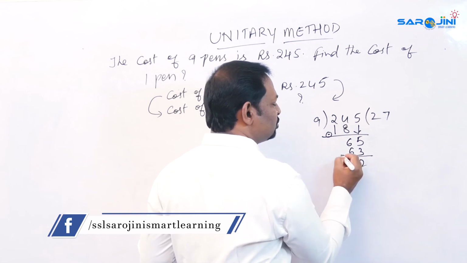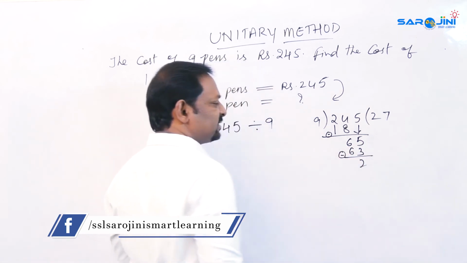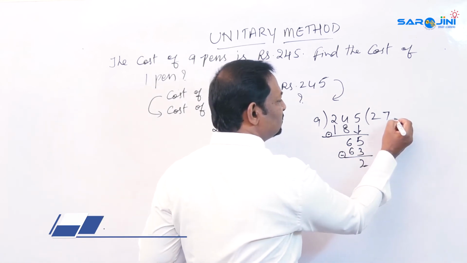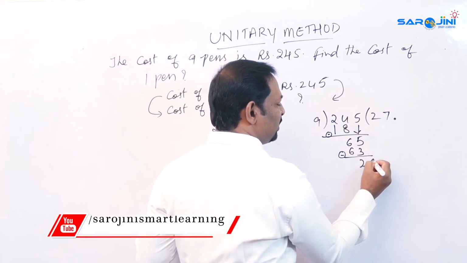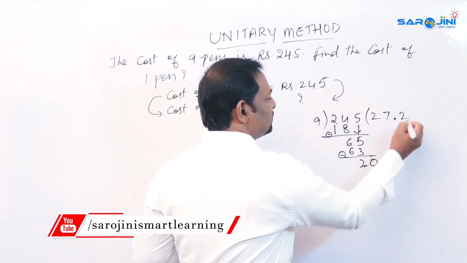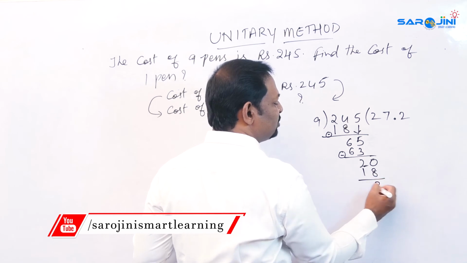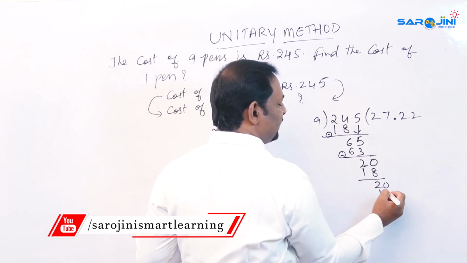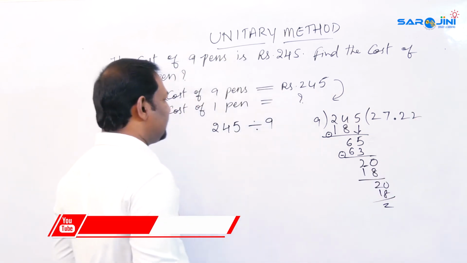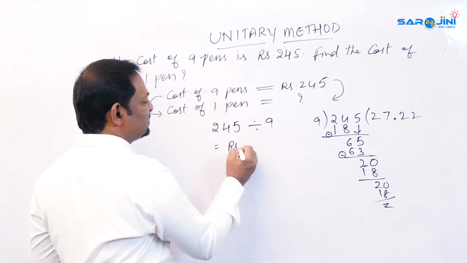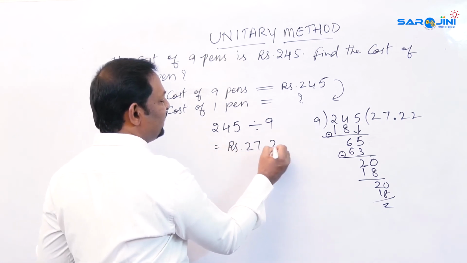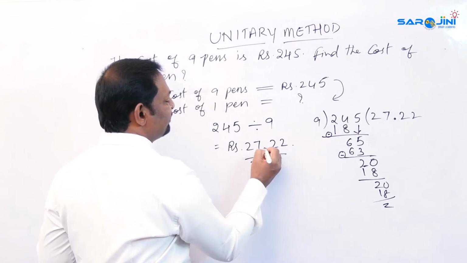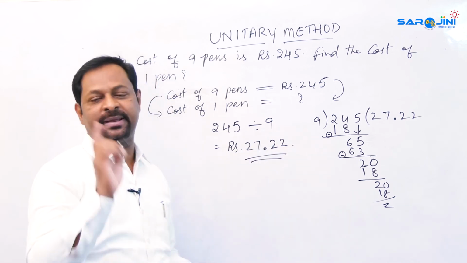So you are left with 2, because 65 minus 63 is 2. So 2 remains, so we can directly assume a decimal point, which is 0. So 9 2s are 18. Again 2 will come, 9 2s are 18, and so on. So it is an average of 27 rupees 22 paise as the cost of 1 pen.